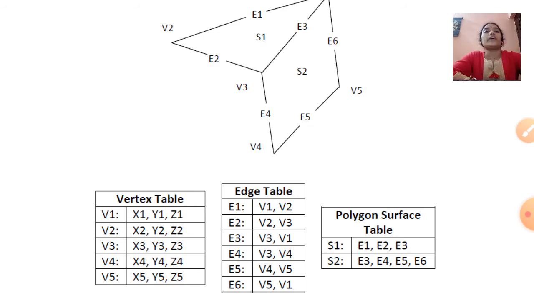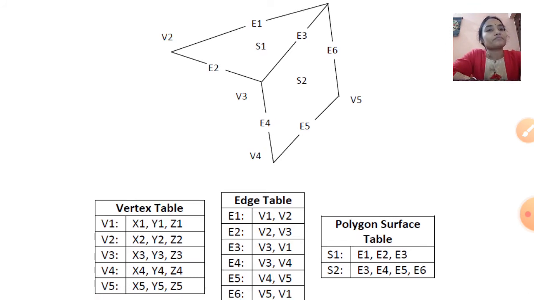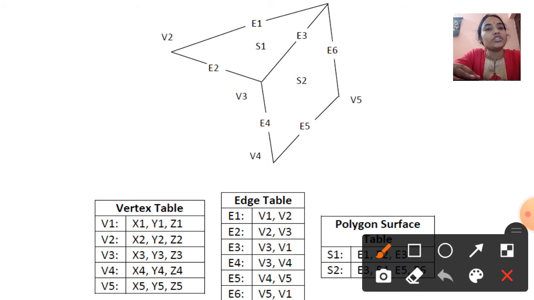In the edge table, we store all the edges. An edge is the line connecting one vertex to another vertex. So E1 is the V1, V2 edge. E2 is the V2, V3 edge.